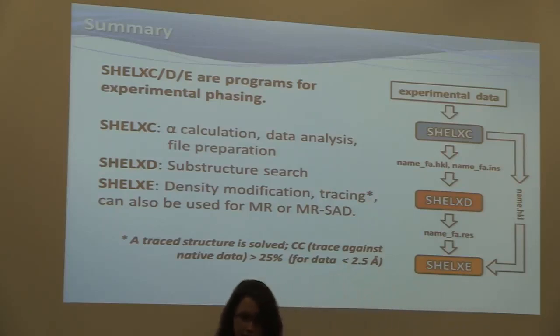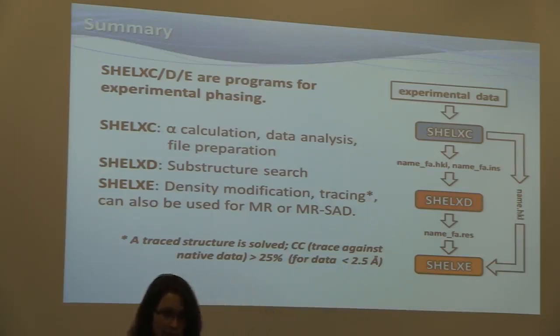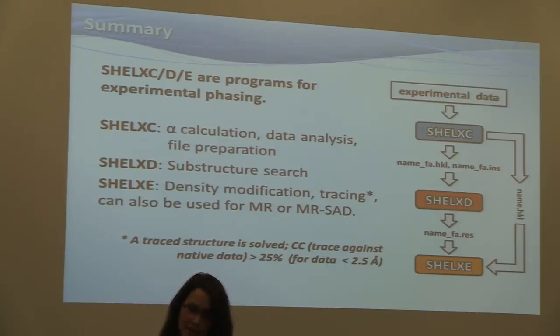Does the triplet equation have a rigorous mathematical background, or is it just something that you notice is the case? It has a rigorous mathematical background. This research goes back to Sayre and Karle and Hauptmann, and there is good evidence.